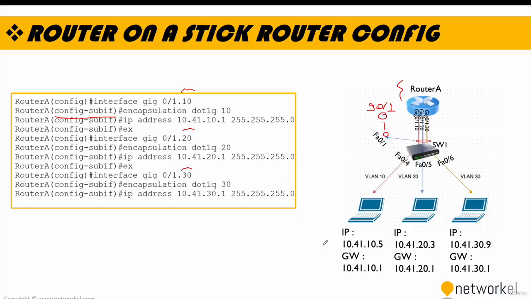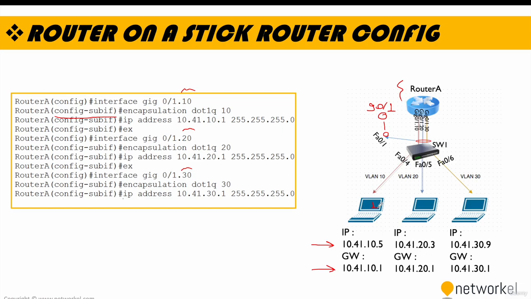Then I am assigning an IP address for each and every sub-interface. In here, my PC has an IP address of 10.1.10.5, and the gateway I am configuring is 10.1.10.1.